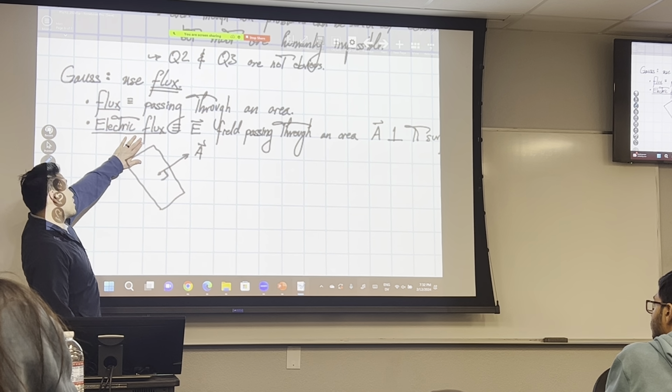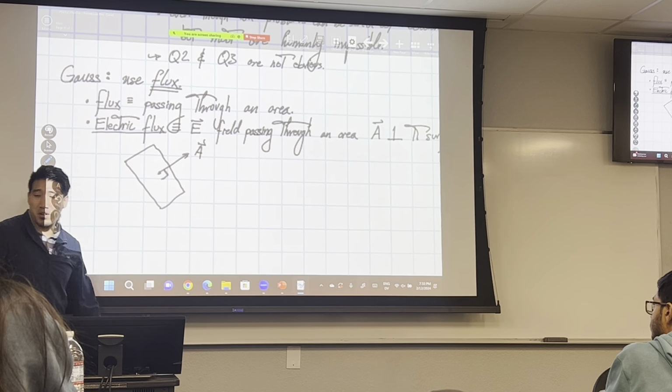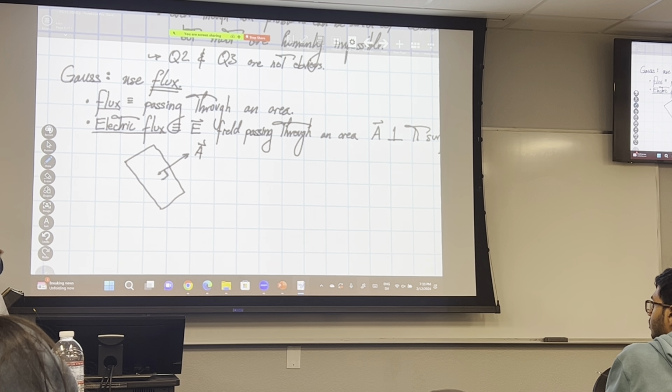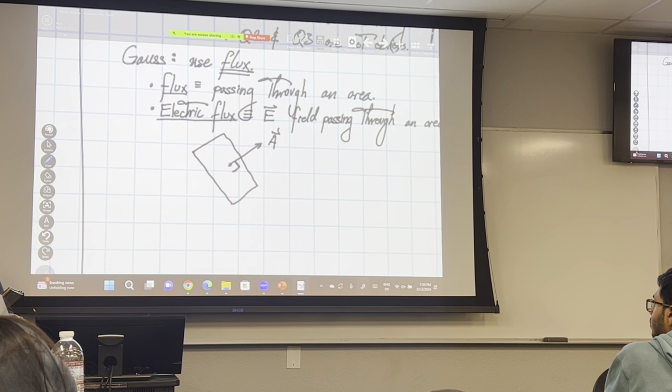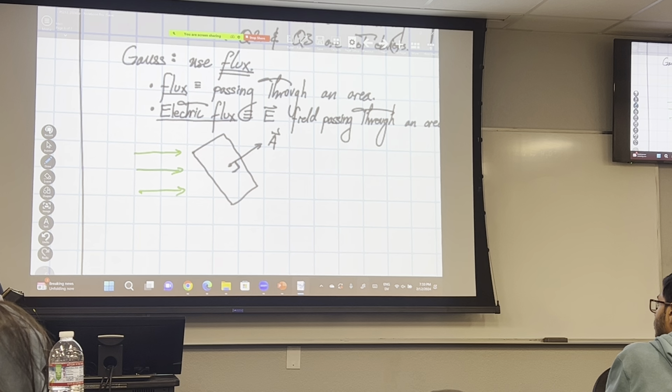So instead of having to specify the XYZ plane, we simply denote a vector, and that vector is going to be perpendicular to the plane in question. And let's say there's a uniform electric field, like this.